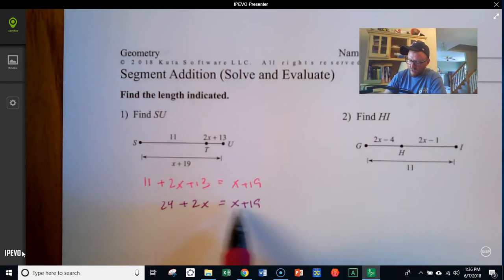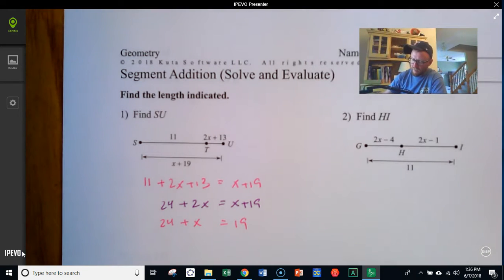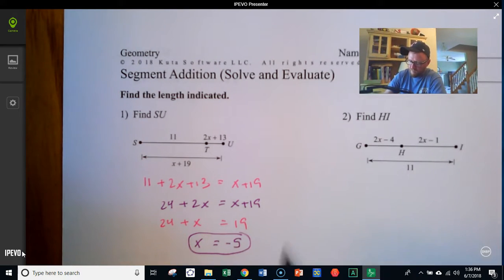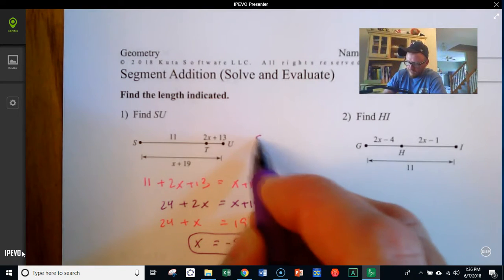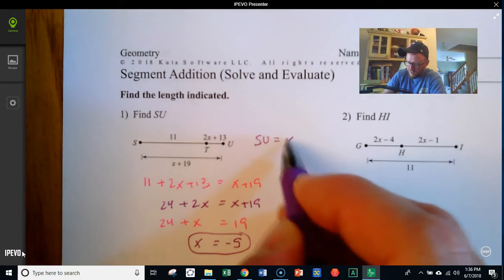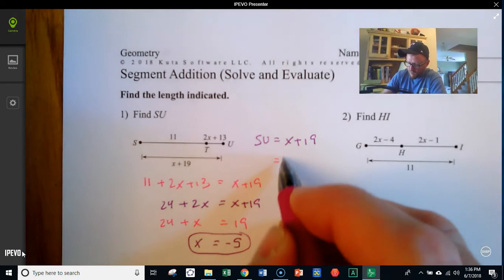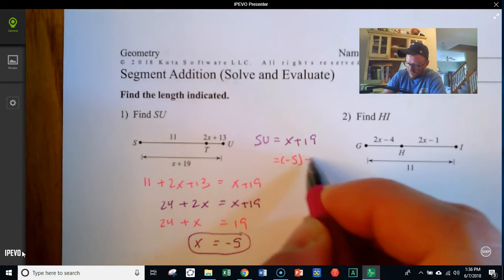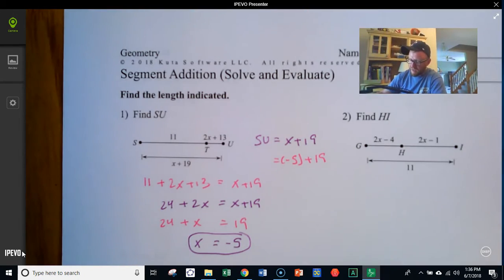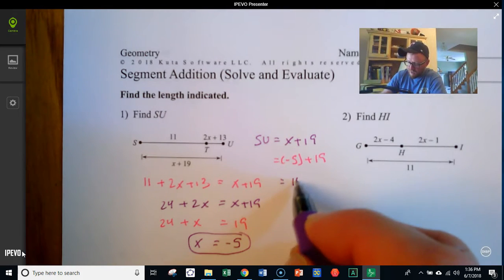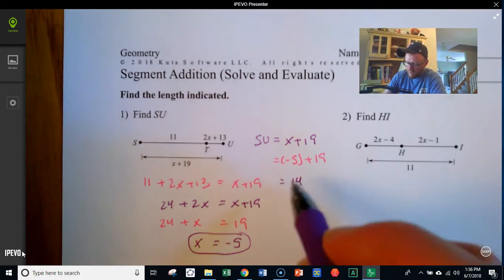I'm going to take an x away from each side. 24 plus x equals 19. Now I'm going to take 24 away from each side. x equals negative 5. And then we have SU is x plus 19, which is negative 5 plus 19, which is 14 altogether.